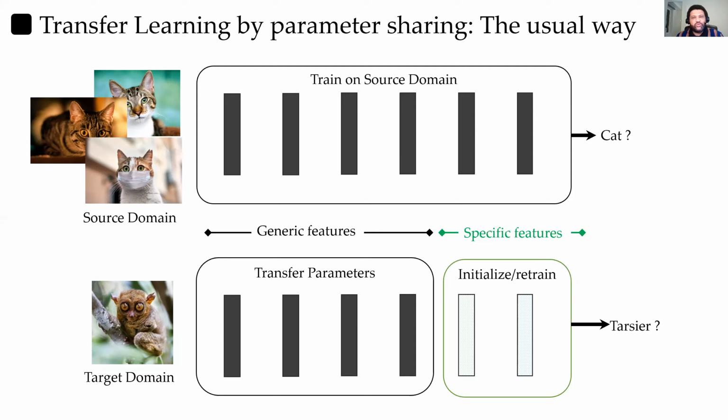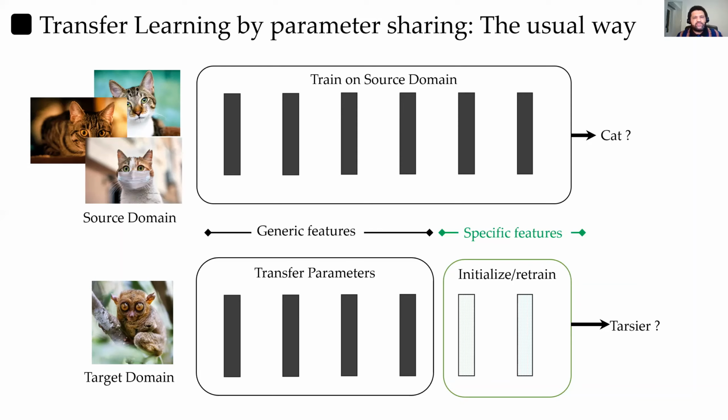But we do not have enough training data of that Tarsier, as it is already rare and scarce in nature. But luckily, this animal has some common features with other animals that have plentiful data, such as cats.